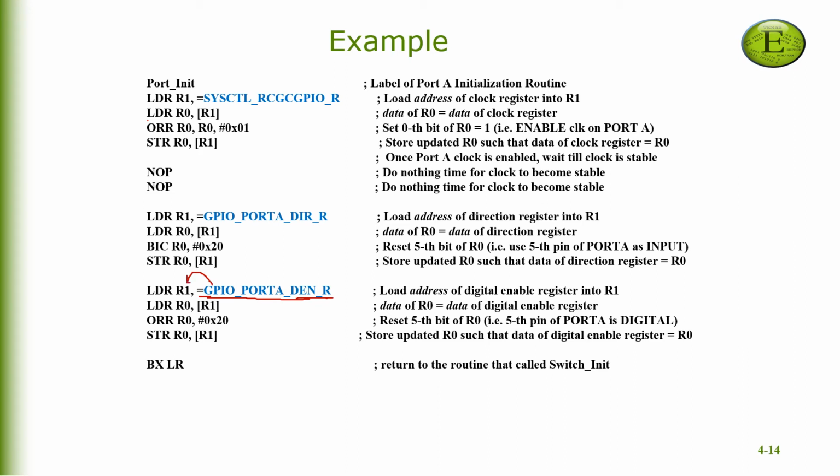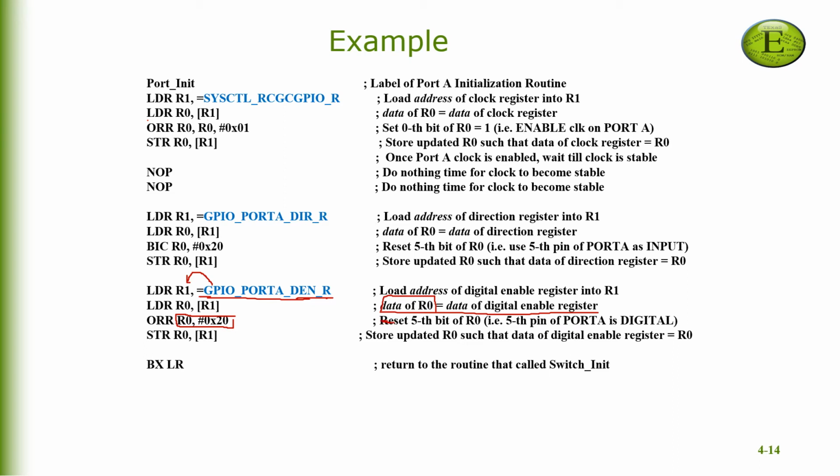Then we use index addressing to read in the contents of the digital enable register, copy those contents into register R0, and once the data is in the register, we are going to use the OR instruction. And this time we are using the OR instruction because we want to set the bit.